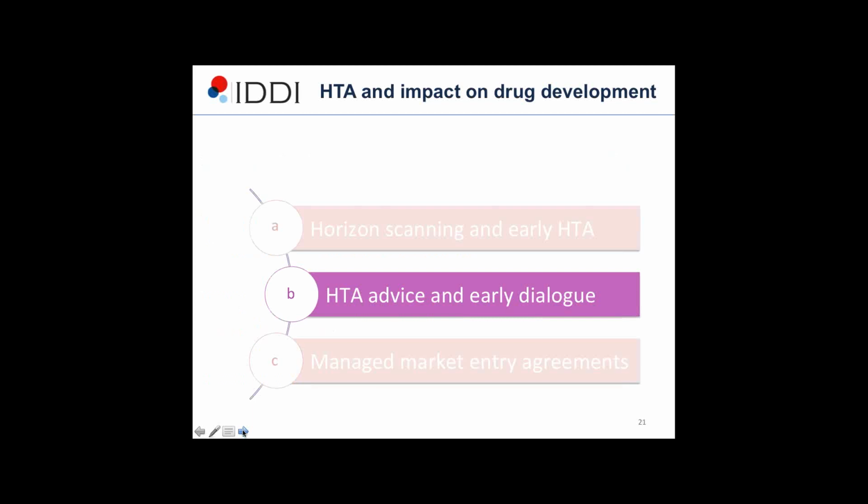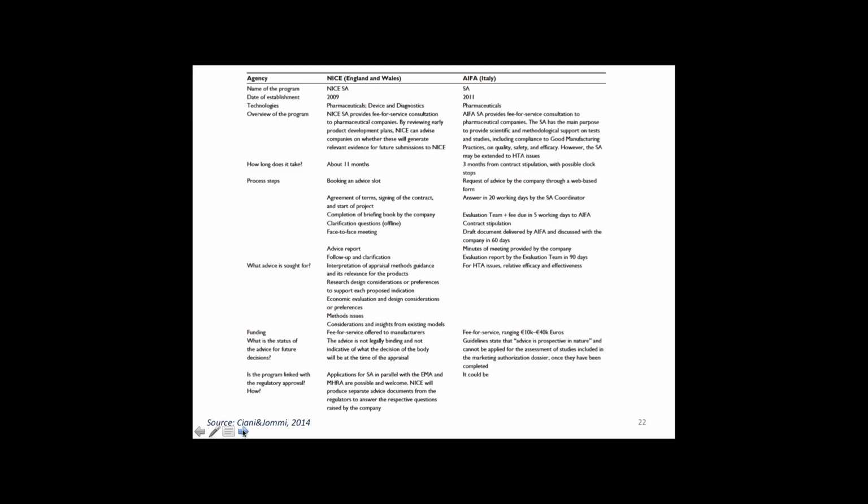In that paper, we identified 3 activities under the HTA hat that could inform the drug development process, but today we are going to focus on what is called HTA advice and early dialogue.